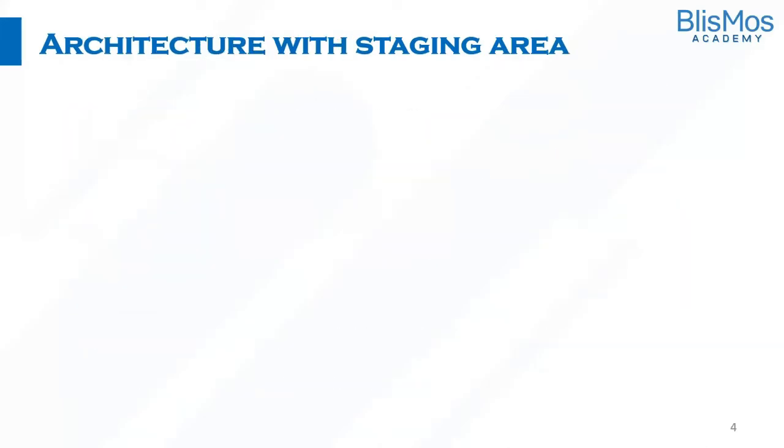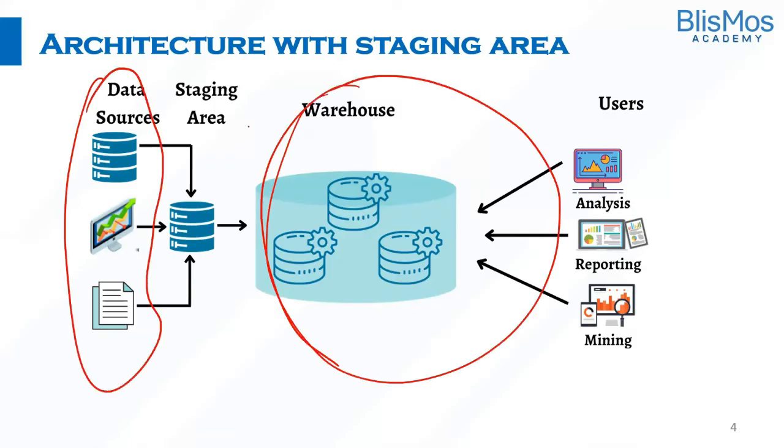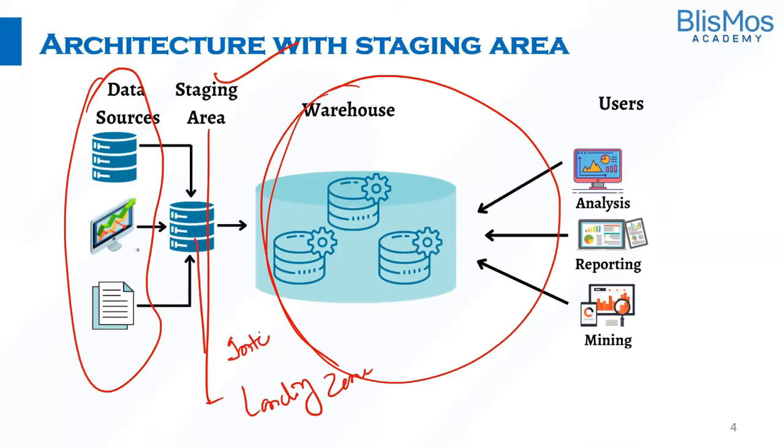The next type is architecture with staging area. Very simple here: between the data sources and the warehouse we have a staging area. That is the reason we call this architecture with staging area. Staging area is also called landing zone. We use this for intermediate storage.